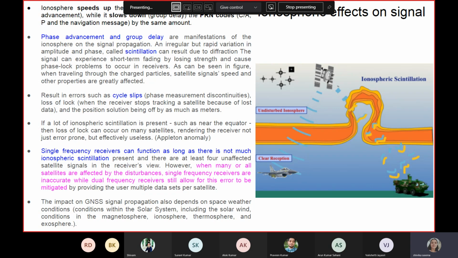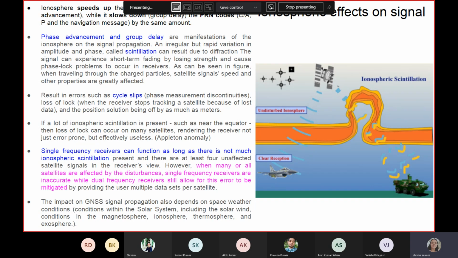The impact on GNSS signal propagation also depends on space weather. So the signal propagation through the ionosphere is not only dependent on the ionospheric condition, but also on the weather outside the Earth's atmosphere, which is known as space weather.